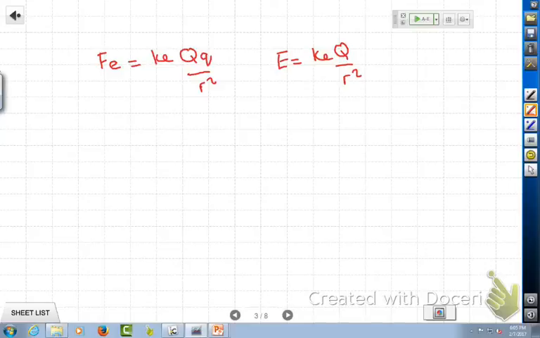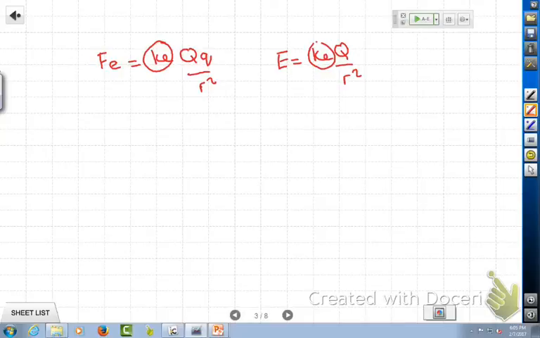Whenever things are similar enough that they will confuse you, put them down side by side and look at the similarities and differences. Can you tell me one thing that's similar about these two equations? What have they both got? So Ke is in both of them. You'll find in all this electrostatic stuff, Ke is involved. Well, not all of it, but most of it.